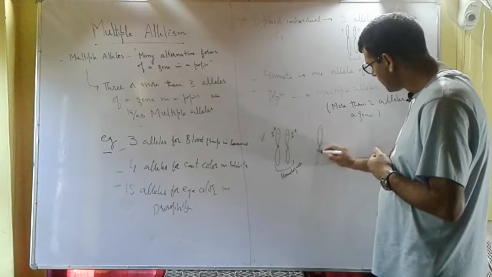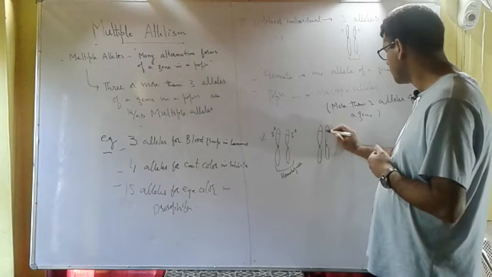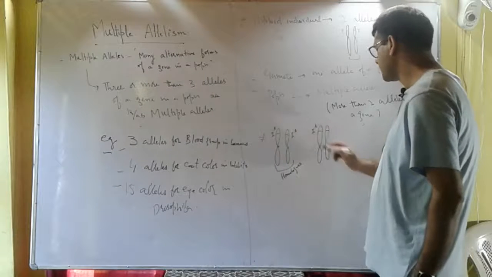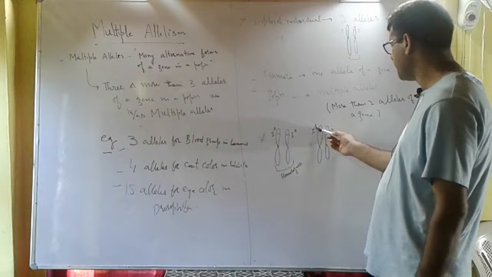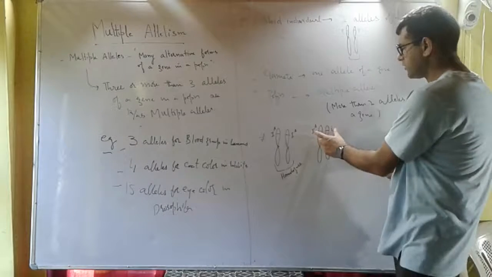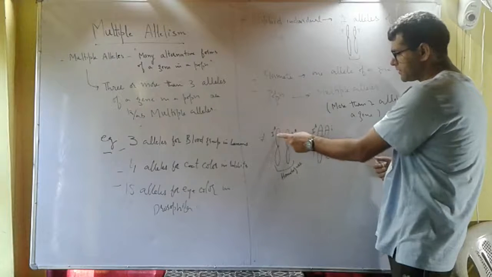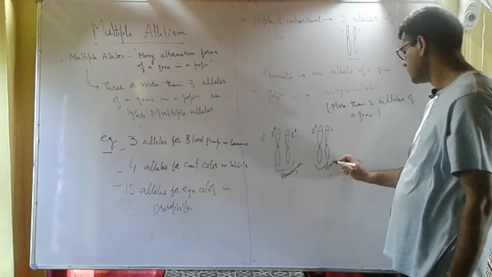What it means is that blood group A has the genotype IA IA or IA small i. So the multiple alleles occupy the same locus on the homologous chromosomes.